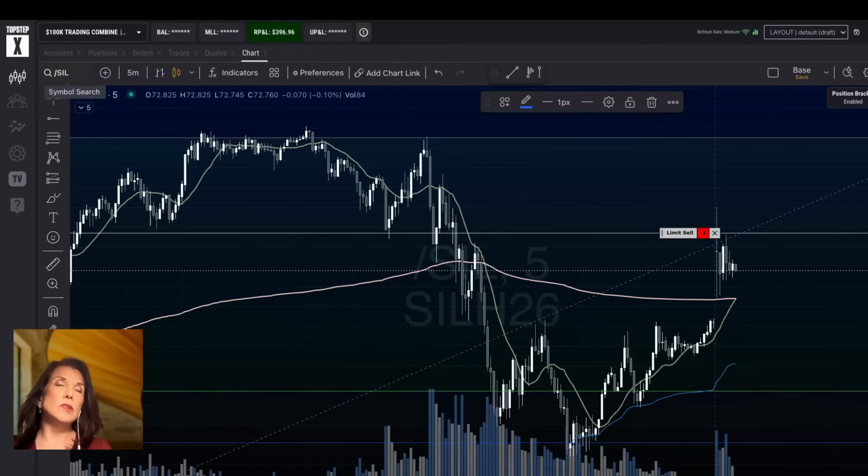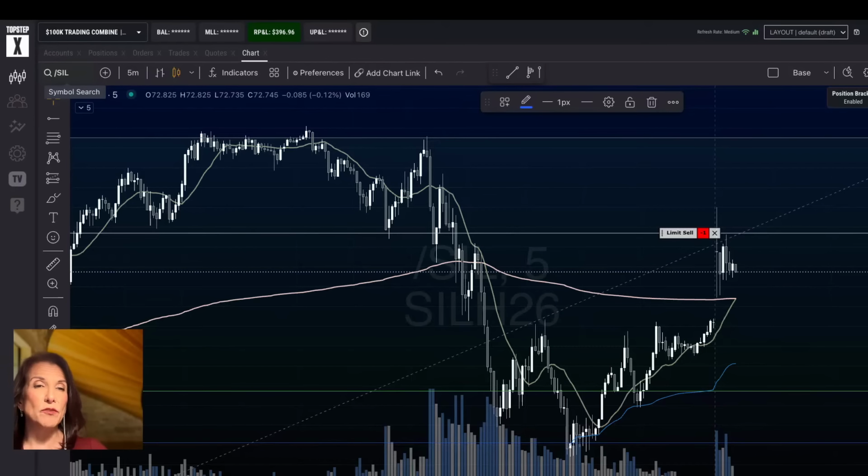Though, listen, a couple of miners just reported that they downgraded their future outlook because of constraints about getting silver out of the ground. So although silver can come out of the ground somewhere at around $23 an ounce, what we are having trouble with is getting it out of the ground for one reason or another.